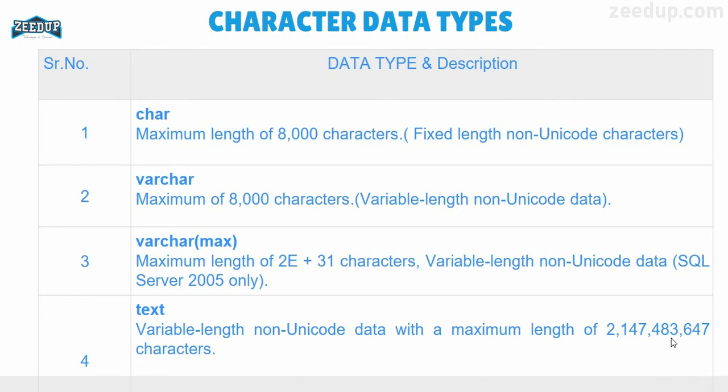So what is this non-Unicode? Non-Unicode means that the characters are not stored in their Unicode fashion, they are stored as they are written. And fixed length means that if you have specified a particular length, that much space would be occupied, even though the data may take less space.